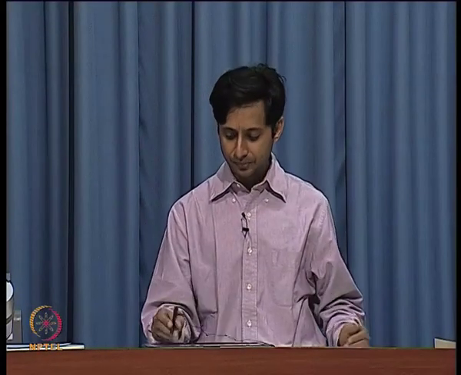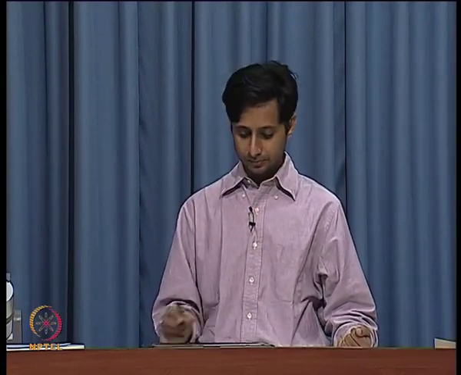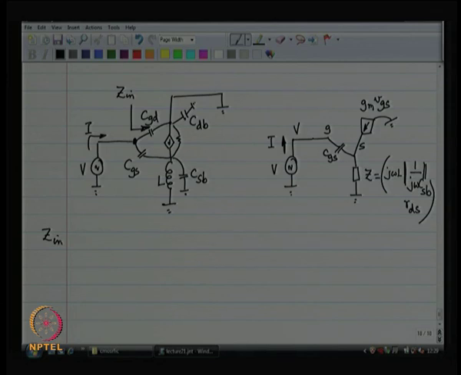So, CGD also is not particularly important. All right. So, this is what we are going to do. This is the system we are going to analyze for now.